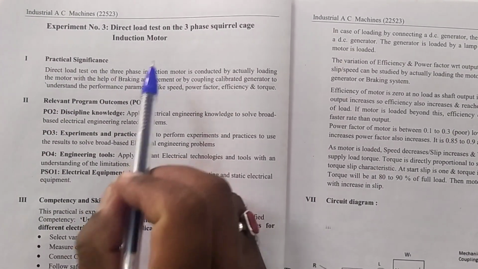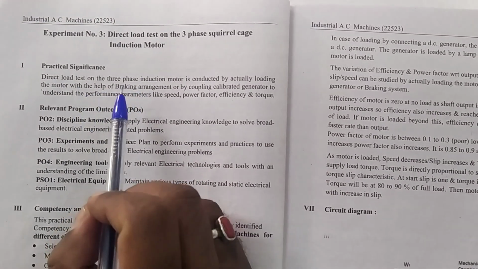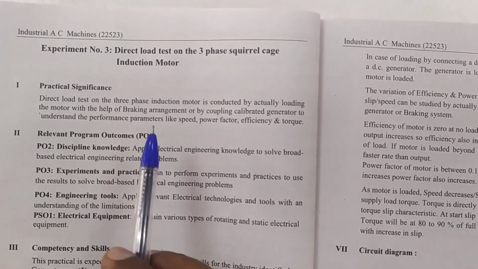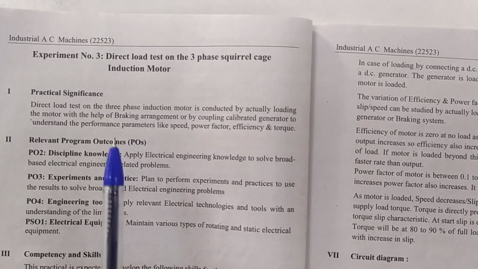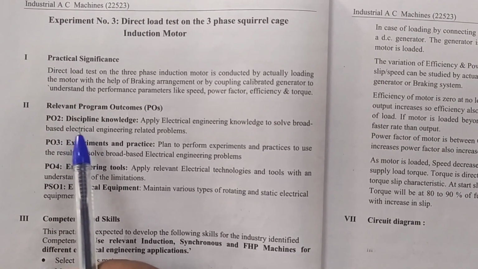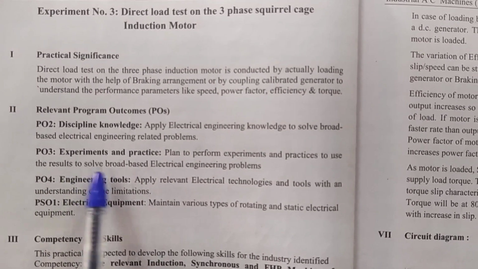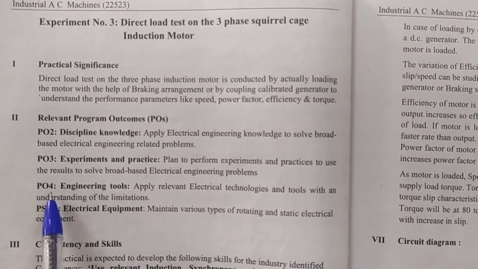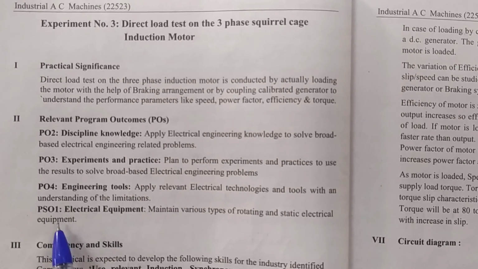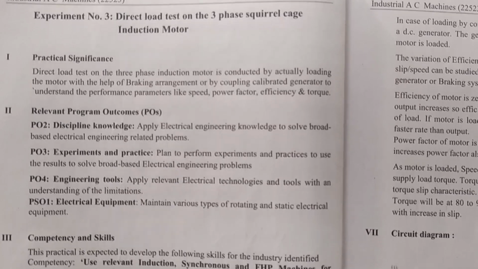By performing this test we are able to determine motor performance, its efficiency and losses, and accordingly we measure the power factor. Practical related outcomes: relevant program outcomes PO2 discipline knowledge, PO3 experiment and practices, PO4 engineering tools, and the program specific outcome, electrical equipment.